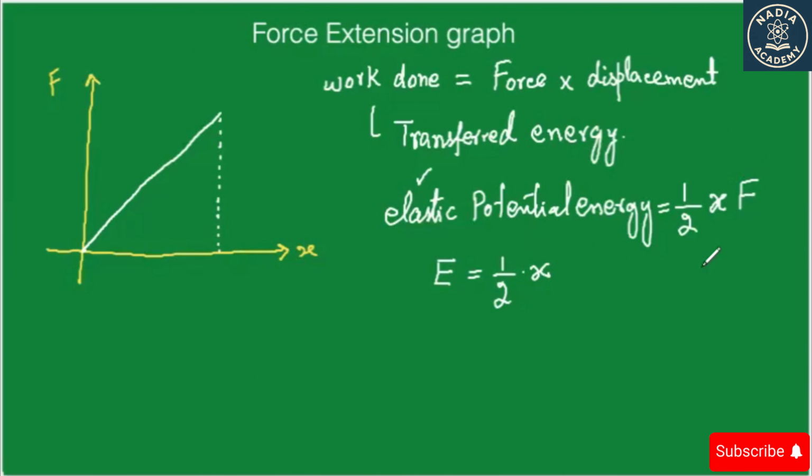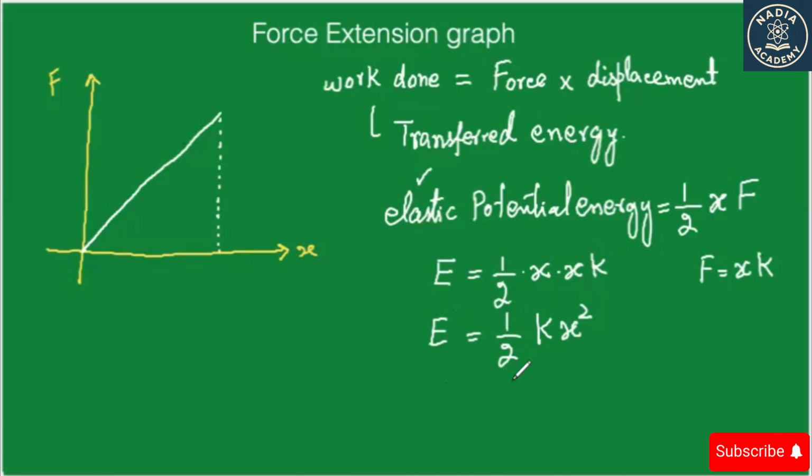And from Hooke's law, we know that F is equal to kx, where k is the spring constant. So we can rewrite it as E = half kx squared. So this is the formula to calculate the elastic potential energy of a material.